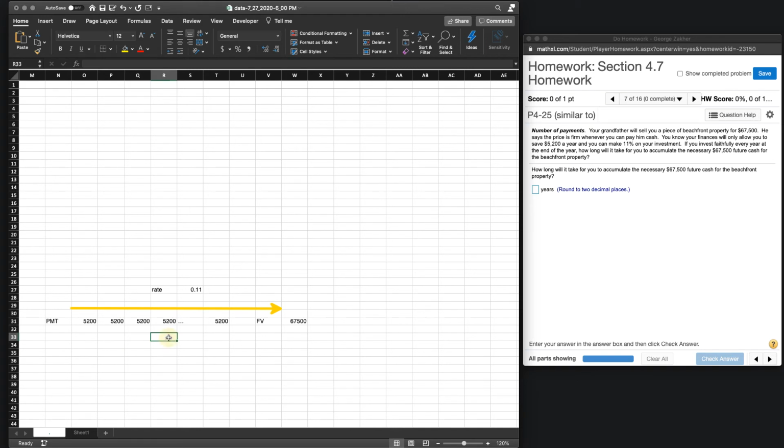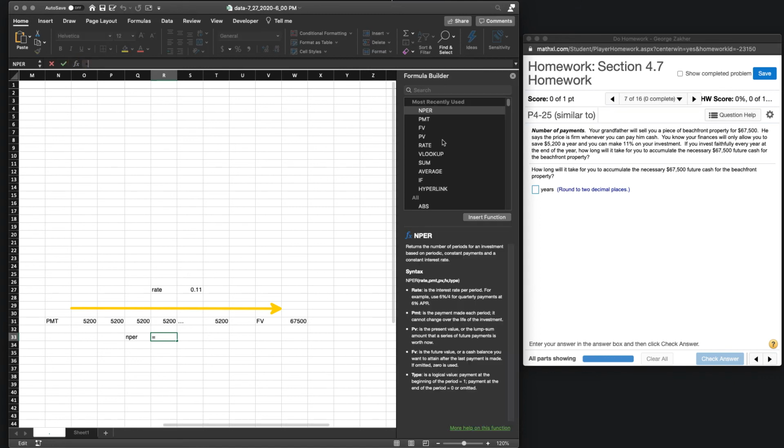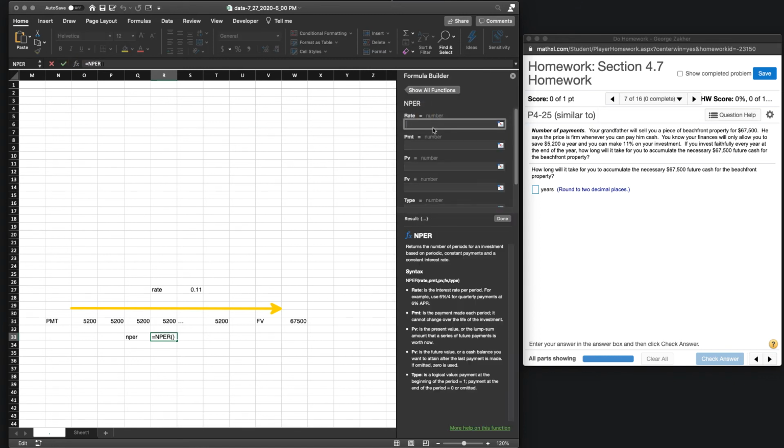Now, we have three variables. There's no reason why we can't figure out the number of periods. And that's ultimately what we need to figure out. So, given that, let's use our number of periods formula. We know our rate. One thing about our payment, let's remember to make it a negative value.